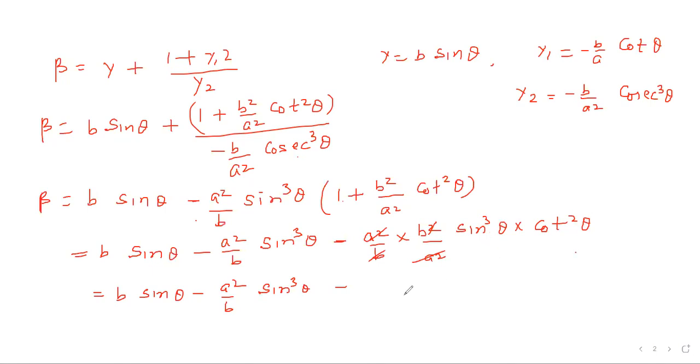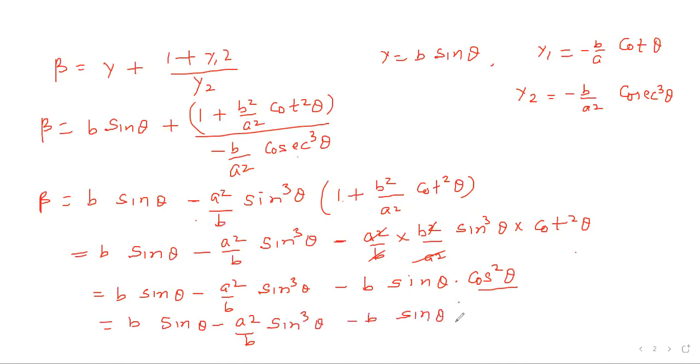So we will get b sine theta times cos square theta. Now we convert this cos square theta into 1 minus sine square theta. So b sine theta minus a square upon b sine cube theta minus b sine theta times 1 minus sine square theta. We open the bracket.